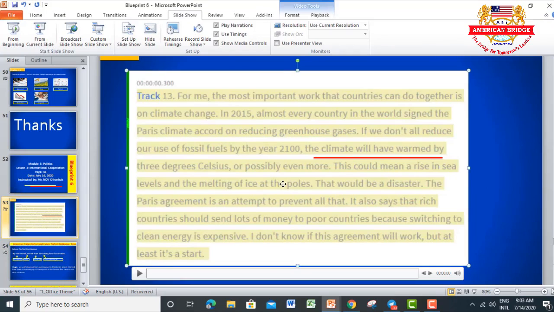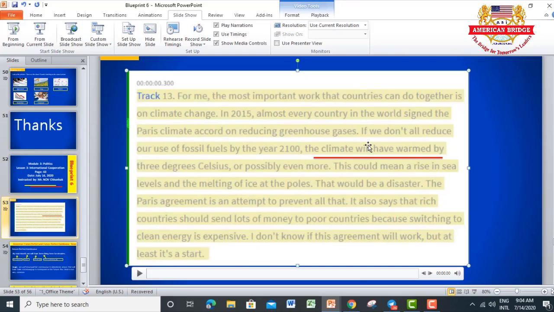So when you look back to our script here, the speaker mentioned that for me, the most important work that countries can do together is on climate change. They report that in 2015, almost every country in the world signed the Paris Climate Accord on reducing greenhouse gas.